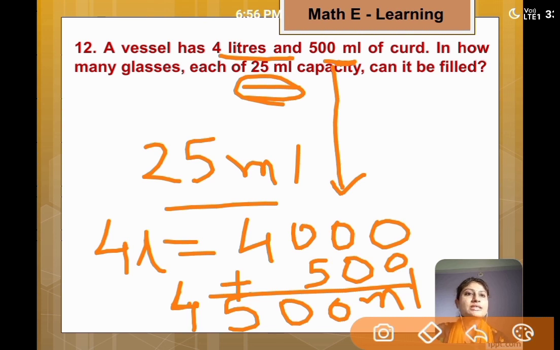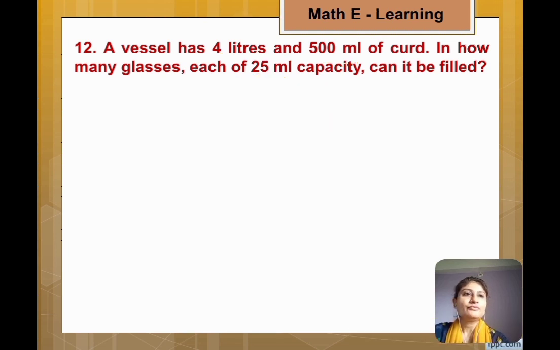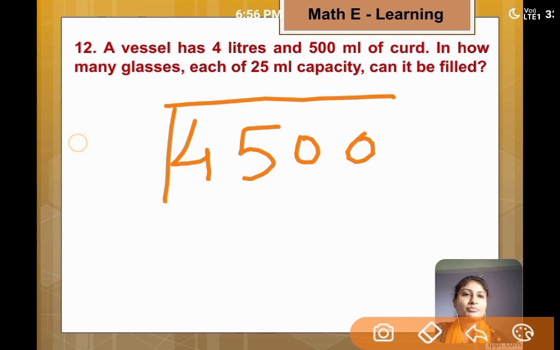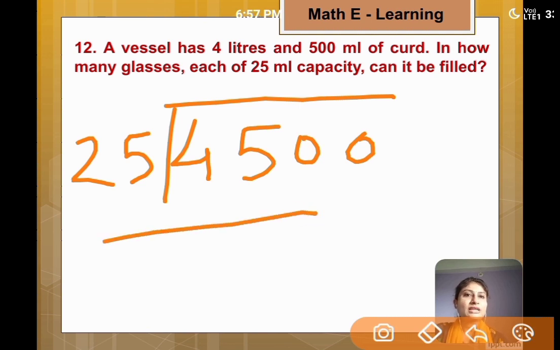This is the capacity of the vessel. Now how many glasses can be filled if each glass has the capacity of 25 ml? For that you have to do division of 4500, which is the capacity of the vessel, by the capacity of one glass, 25 ml. So we do division of this and then we get the number of glasses.